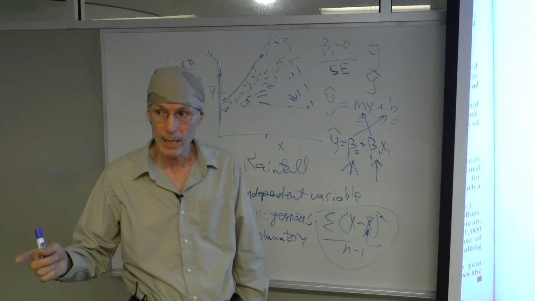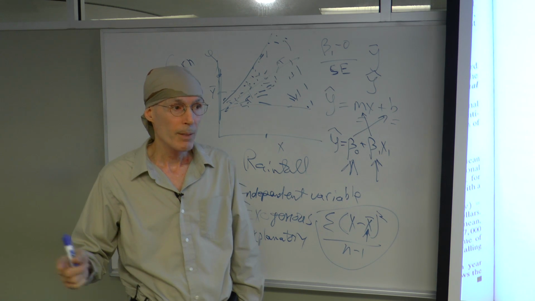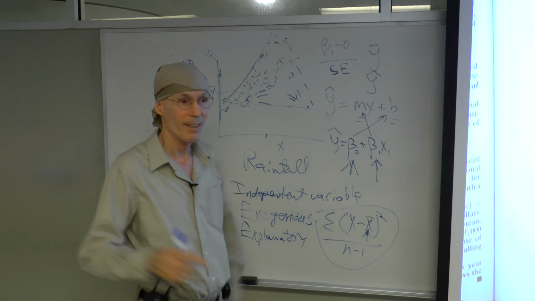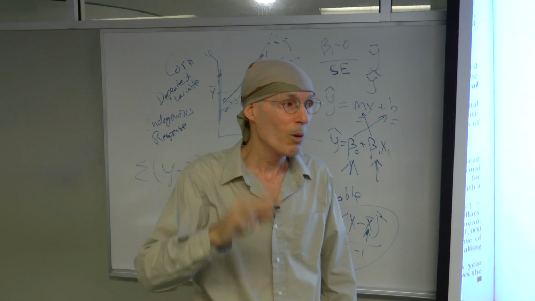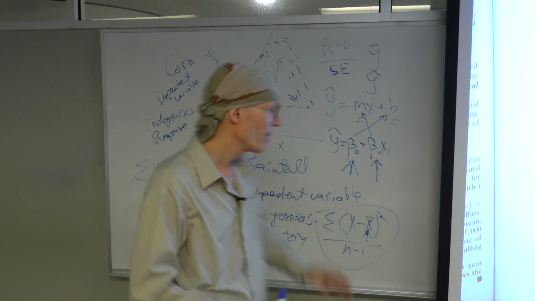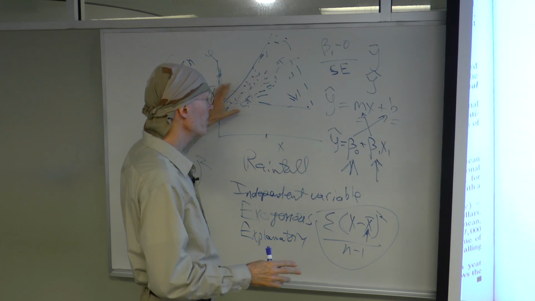When that doesn't happen, this is weird vocabulary. I don't know where they came up with all of this, but this is called homoscedastic error, meaning your error term is uniformly distributed around the line.